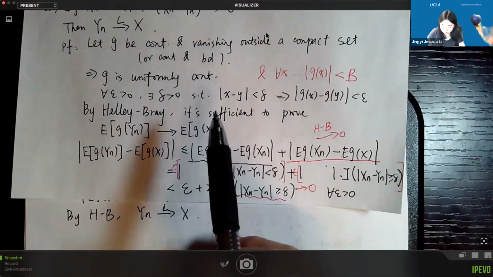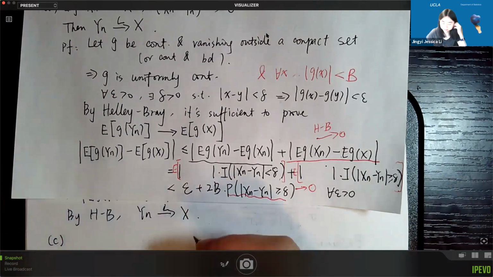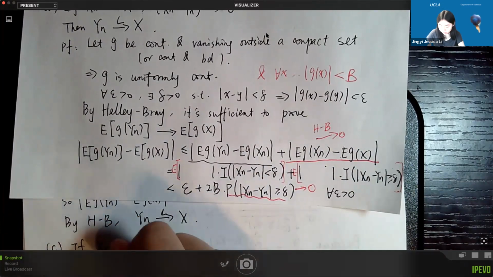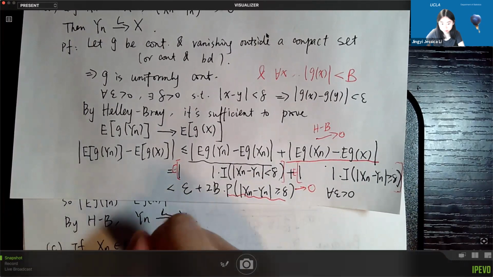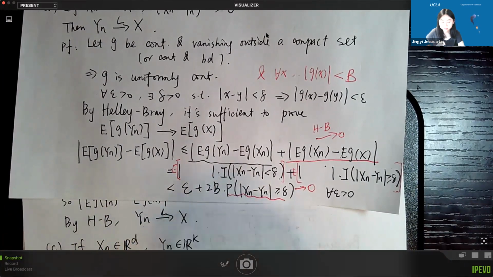Okay, statement C of Slutsky. In statement C, it's about, I would say, an augmentation. So if we have Xn in R^d, they don't have to be the same dimension, Yn in R^k. So one can be d-dimensional, one can be k-dimensional.